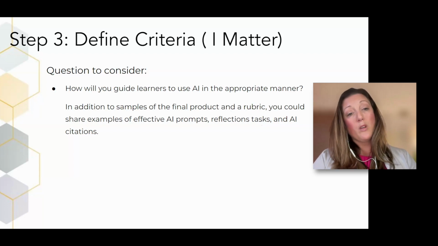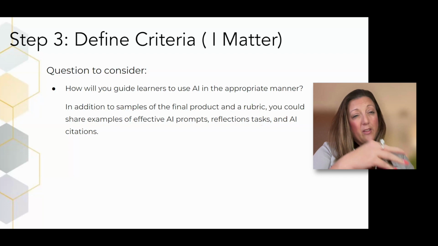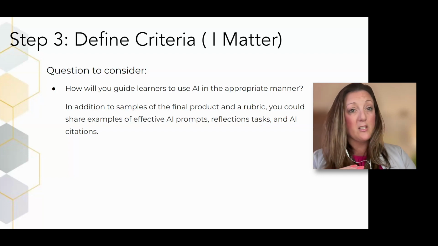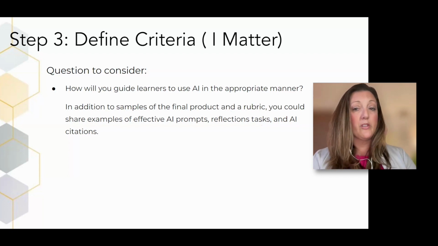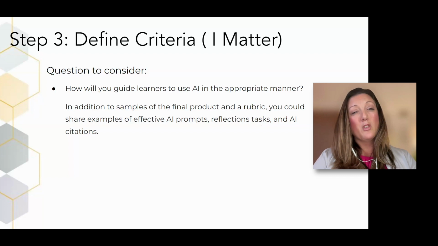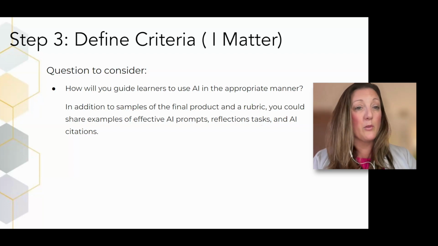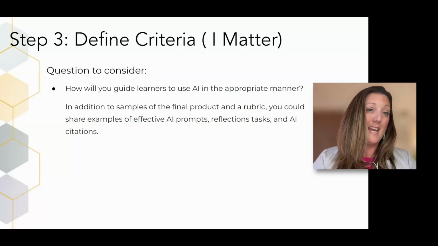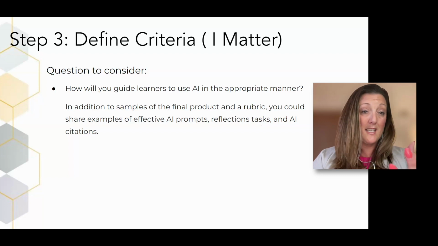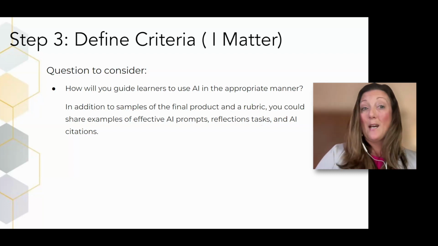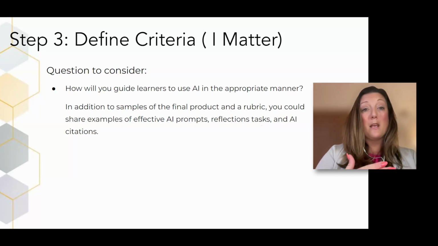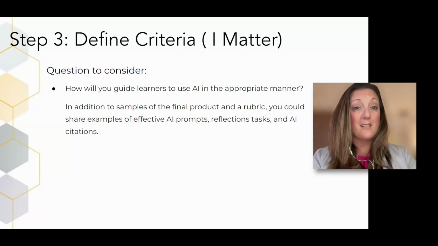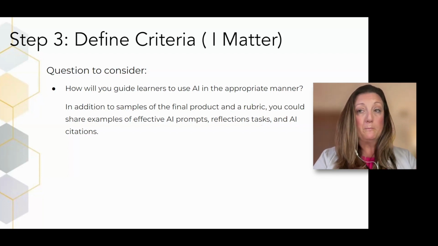You could provide them with different kinds of reflection tasks that would help to guide them through that process of their usage so that they could really start to hone their skills. And you could provide them with maybe examples of different ways to cite AI. For instance, if you're using AI in your assignment creation, maybe you cite that and then you show that so that students have that as a model. Next slide.